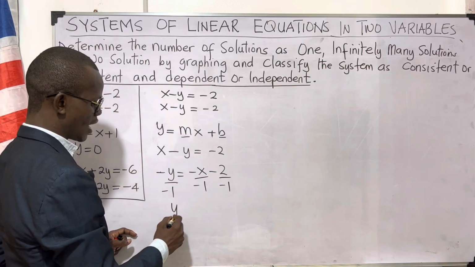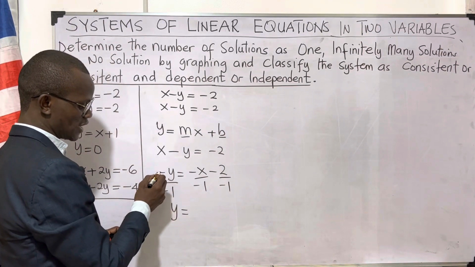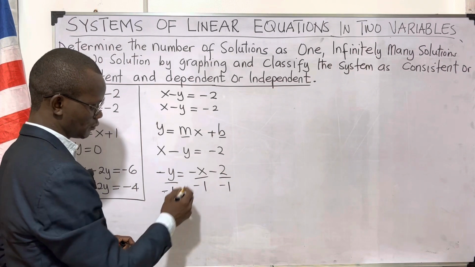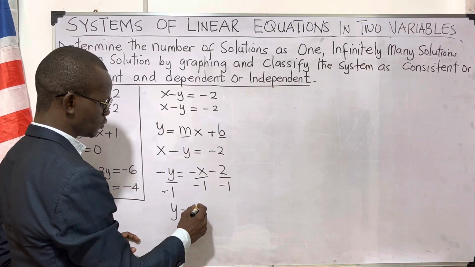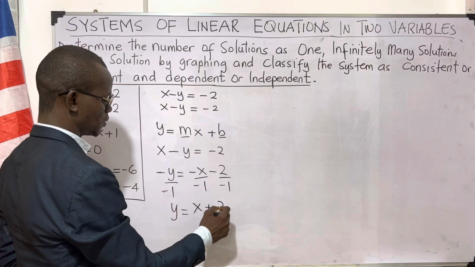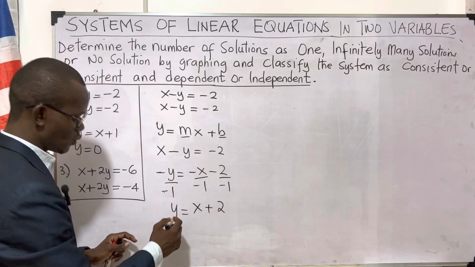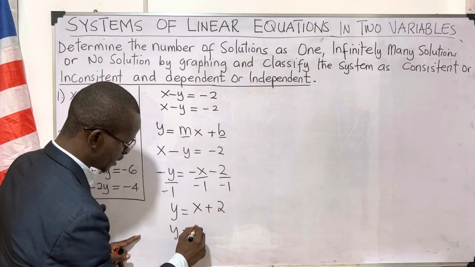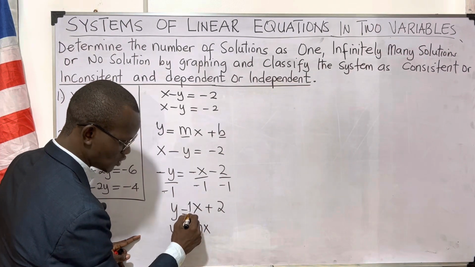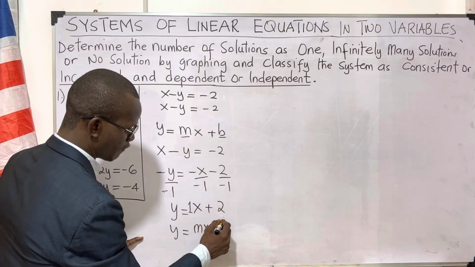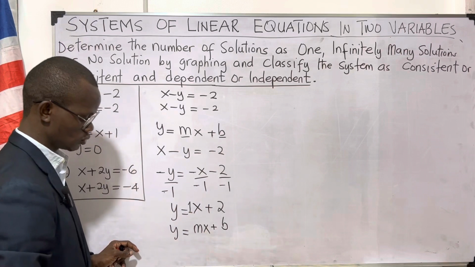Negative divided by negative is positive, negative divided by negative is positive as well, and this is also positive. So we will have y equals x plus 2. Our m is 1 and our b is 2.